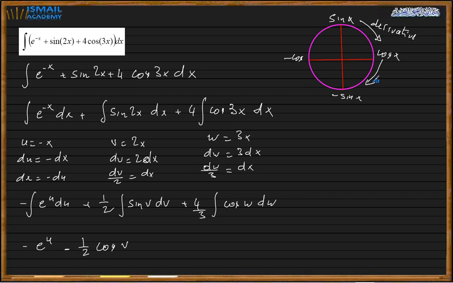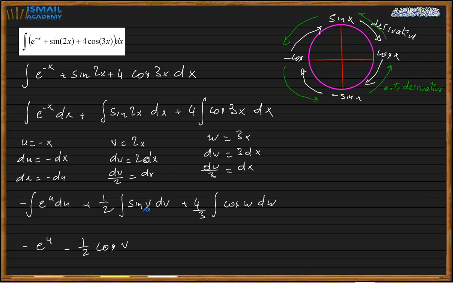Derivative of cosine, negative sine, negative cosine is sine. So if you want to do the antiderivative, which is the integral, negative sine is cosine, cosine sine, sine is negative cosine, negative sine. So this is how you should memorize it if you want to do it in a short way.